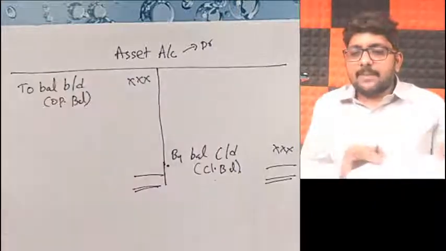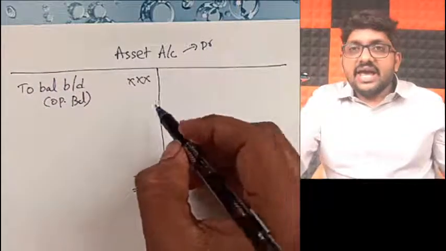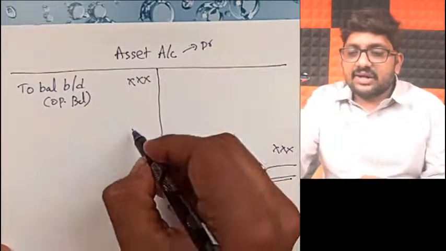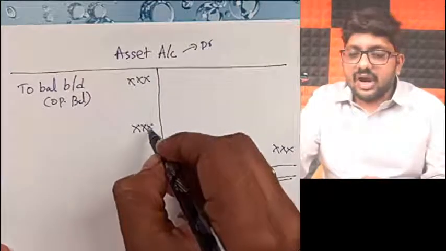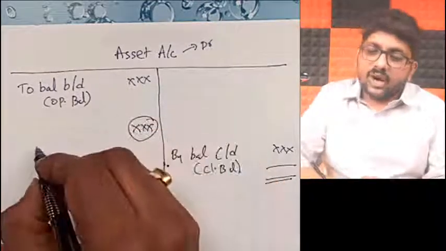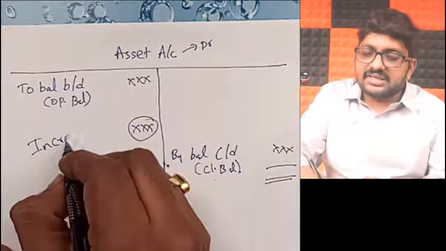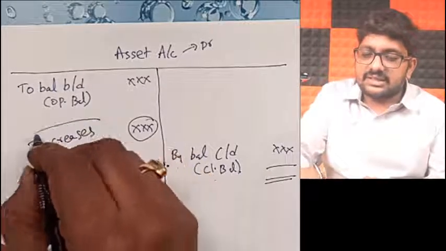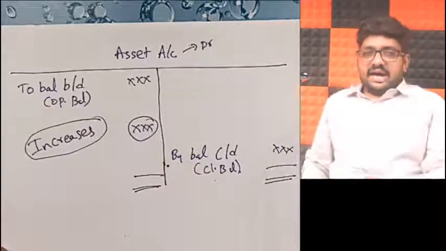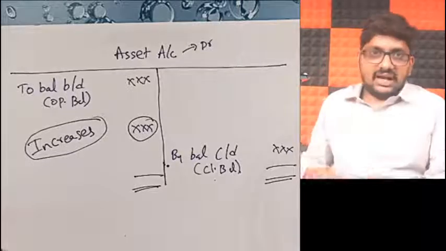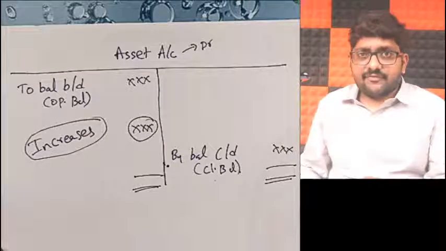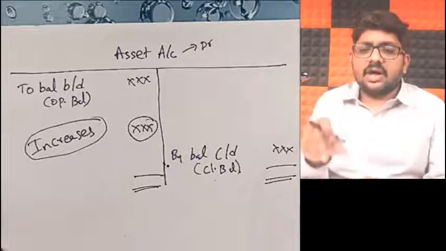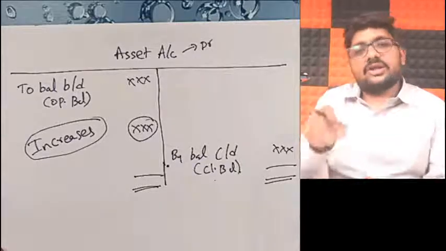See, observe: if for any reason an asset is increasing, what will I do? Asset increases, I have to debit, so I will write on the debit side. Whatever be the reason, apart from the opening balance, if the asset increases, I will write it on the debit side.